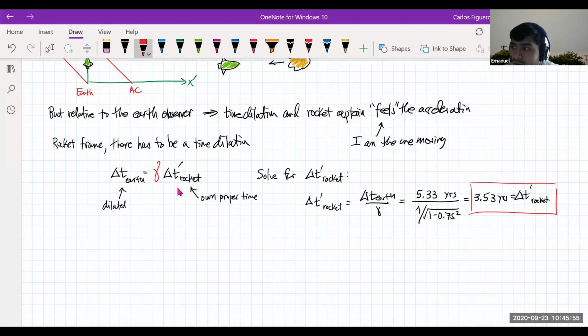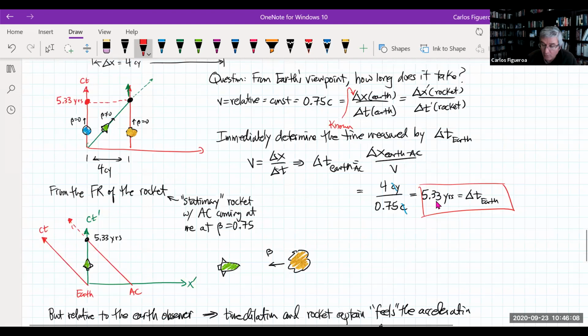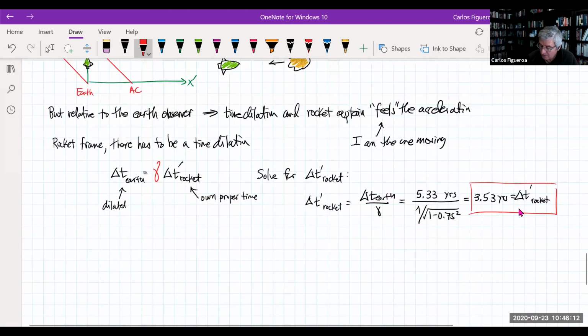That's the time of the rocket relative to Earth? Well, remember, relative to Earth, we already said that was 5.33 years. So this is relative to what the rocket is measuring. This is the proper time of the rocket. Okay? Remember, own proper time.